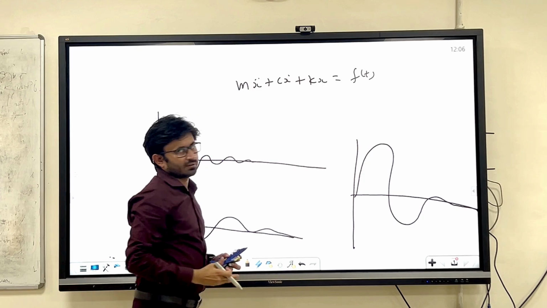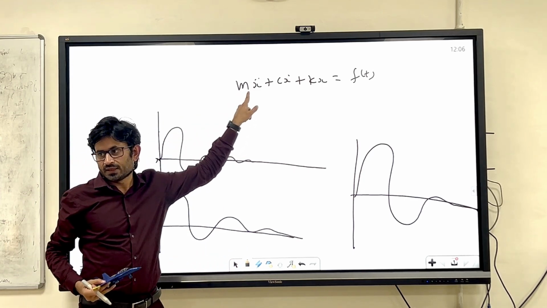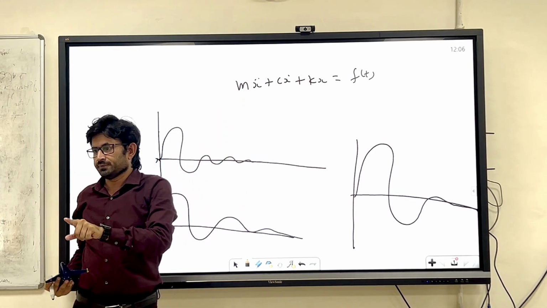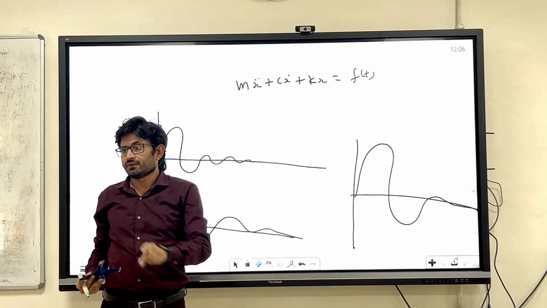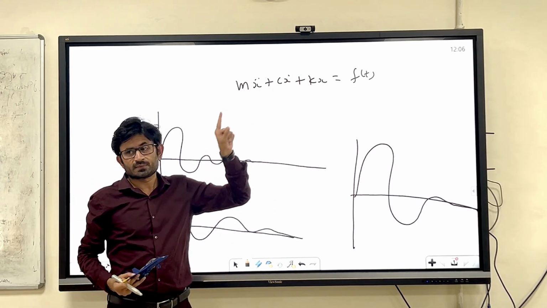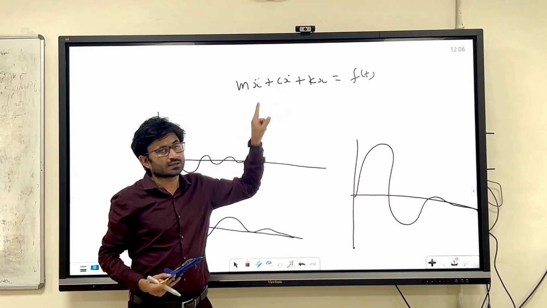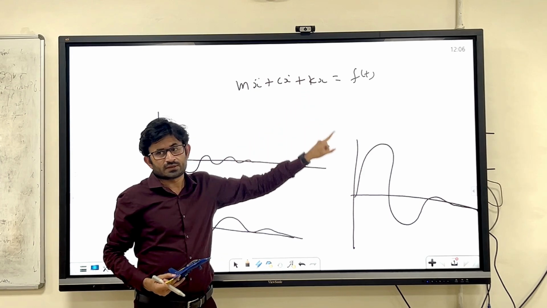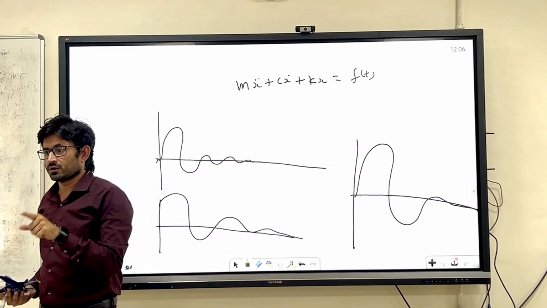Here m is nothing but the mass, x is the position, x dot is the velocity, x double dot is the acceleration, c is the damping, and k is the spring constant.